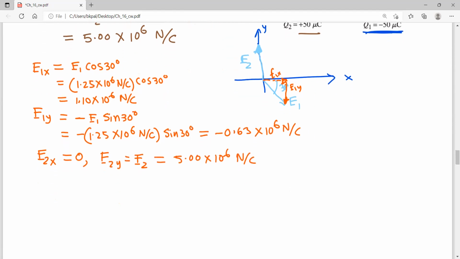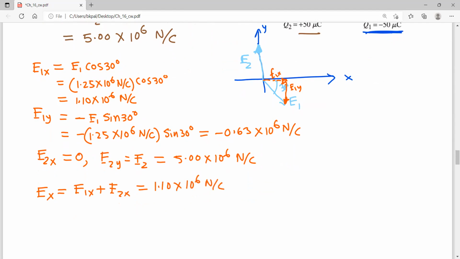Then you have to add the x components together and the y components together. So Ex will be 1.10 times 10 to the power 6 newton per coulomb.